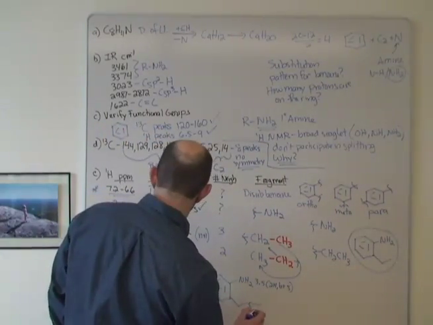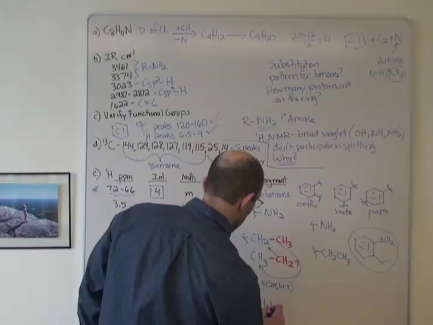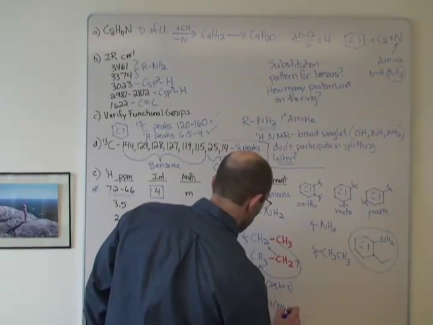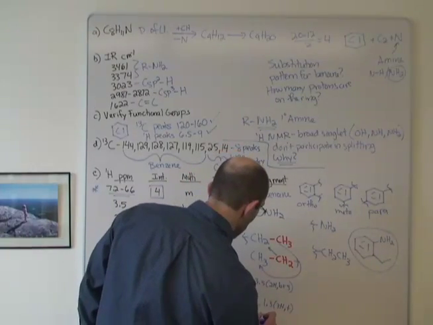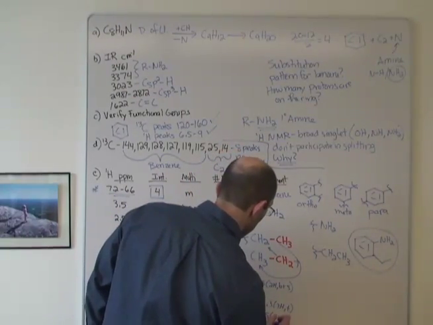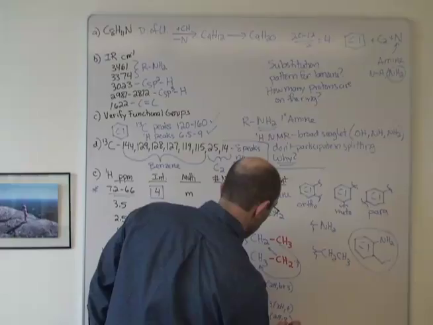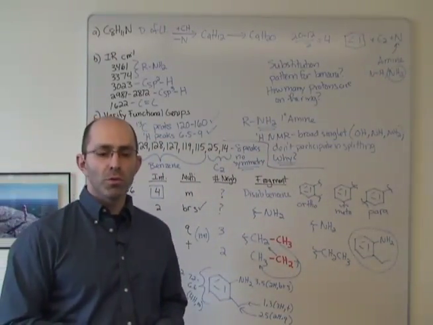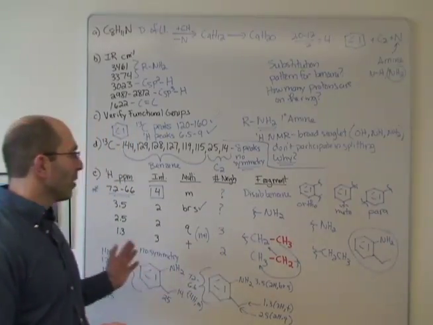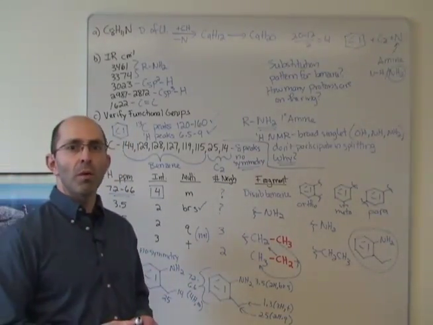So this is going to be the 1.3 3H triplet, and then the CH2 is going to be the 2.5 2H quartet. And so this is the strategy that I hope you'll use all the time when you're going about doing these structure determination problems.